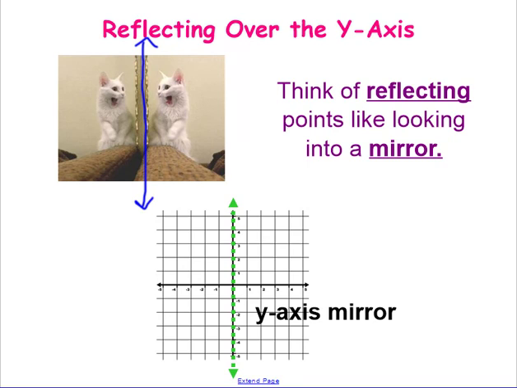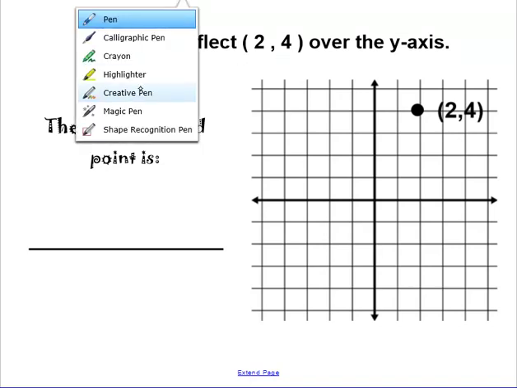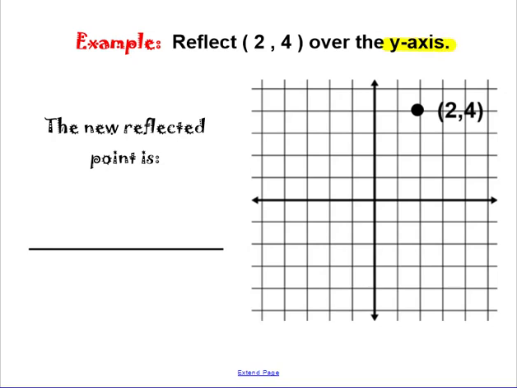We're going to use just one single point. So this time, we're going to reflect the point 2, 4 over the y-axis. Again, once I've identified what axis I need, I like to highlight that axis as a visual for myself.